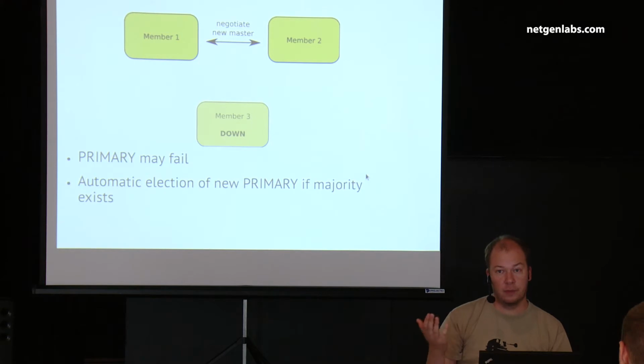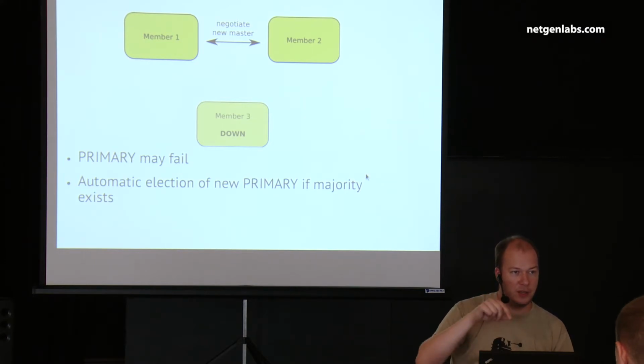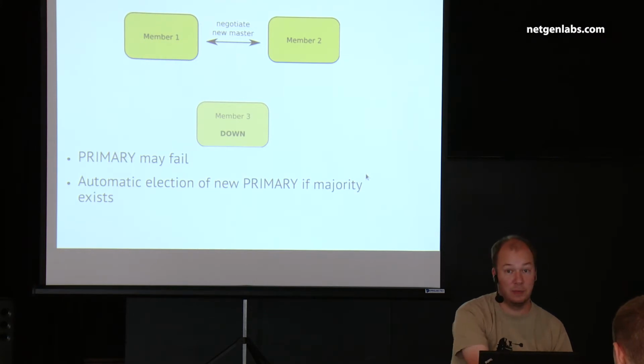Which one it becomes depends on certain factors, the most important being the node that has seen the most updates, because replication can lag a little bit sometimes, right? You have the data on your primary node, but it hasn't been replicated yet to member 2, but it has been replicated to member 1, meaning that member 1 has the more up-to-date data, so it has to become the primary node.